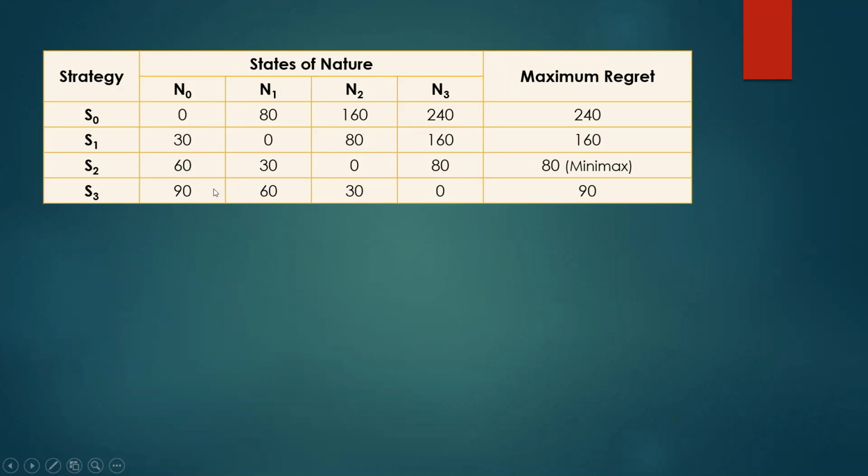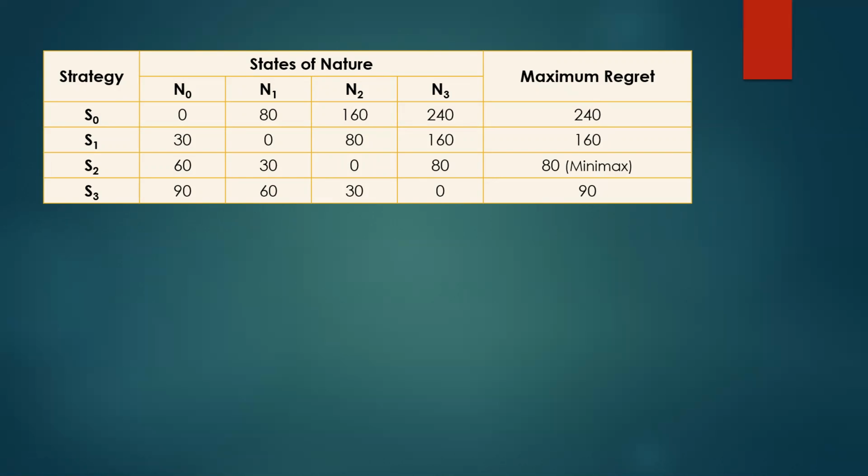As you can see here, I'm getting zeros everywhere. So in each state of nature, there's at least one 0. Now, how do I get the maximum regret? What are the maximum values for each strategy? Note it down, and find out the minimum of the maximum, which will give me the minimax regret value.